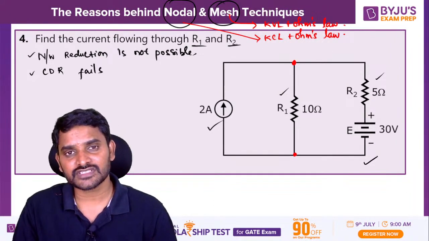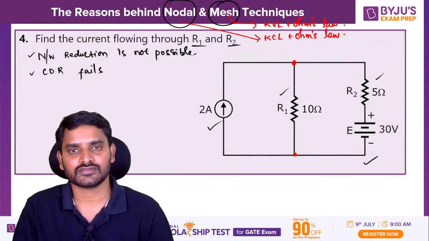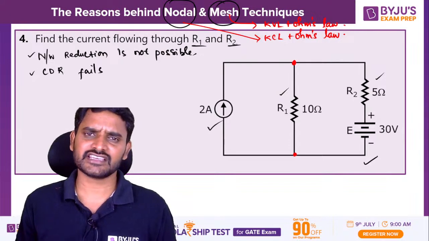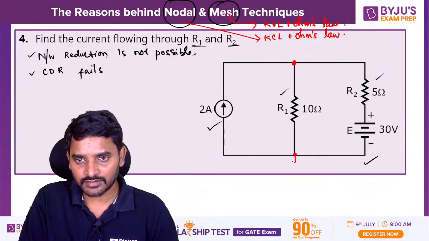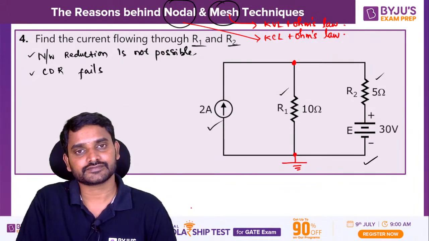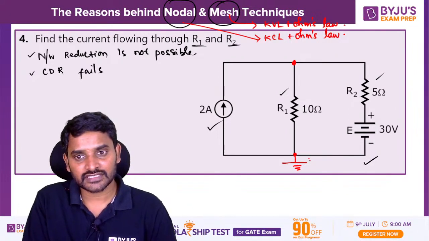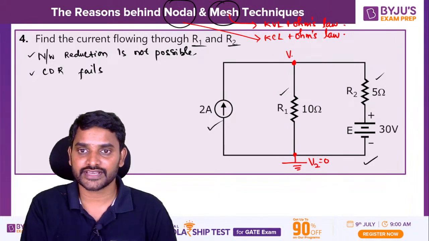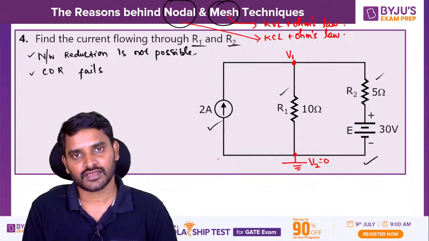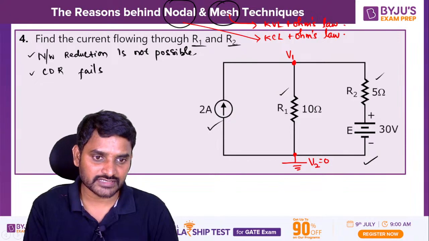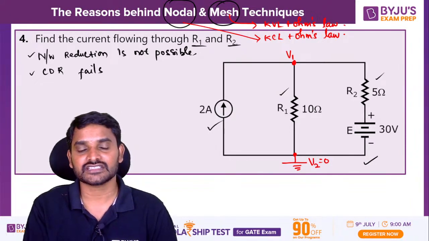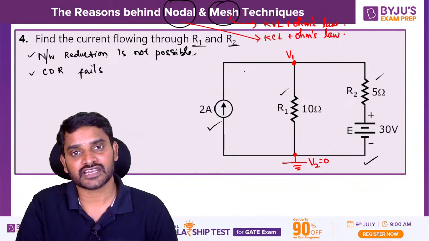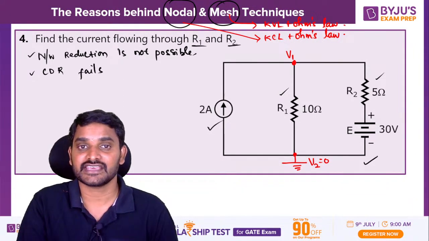Out of the principal nodes, select one principal node as ground. Let it be the top node or the bottom node, anything is okay. So I am selecting the bottom node as ground. So this node voltage is going to be 0. Now mention this node voltage as V1. After assigning the node voltages, assume that the node voltage V1 is greater than any other voltages in the network and apply KCL.